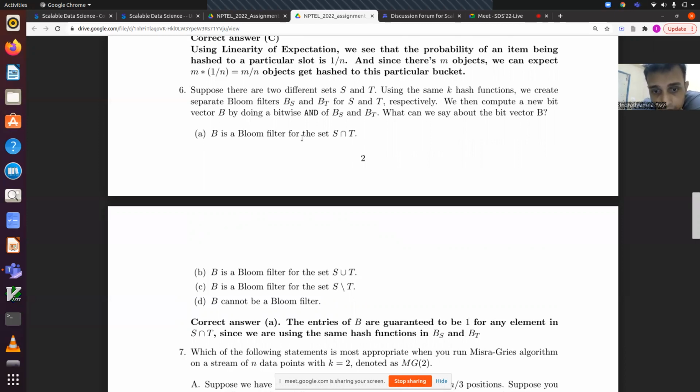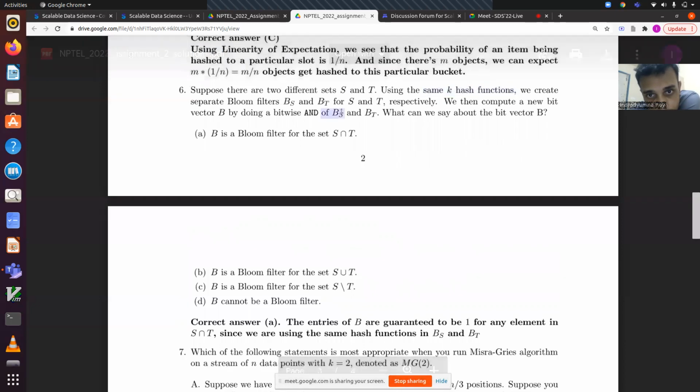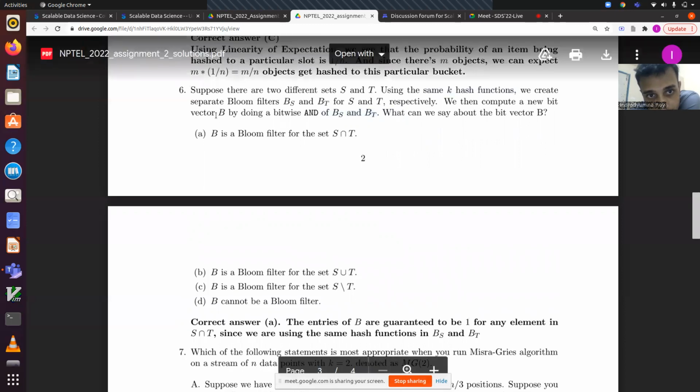Yes, because we are taking AND. Also note that we are using the same k hash functions, so the same hash functions are setting those corresponding entries of BS and BT to 1.